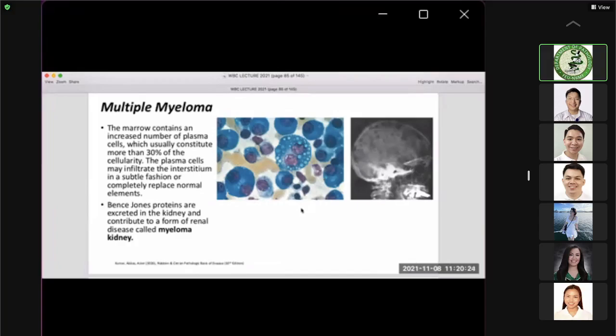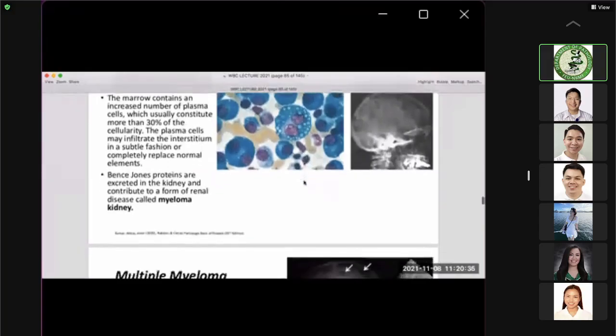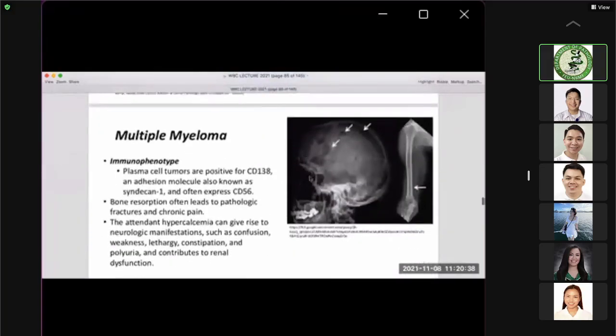Sa kidneys, no? We have the Bence-Jones proteins that are excreted there, okay? Then we have here the punch-out defects in the skull, no? In the bone. So this one, another one.